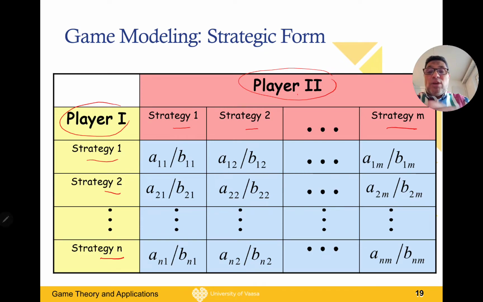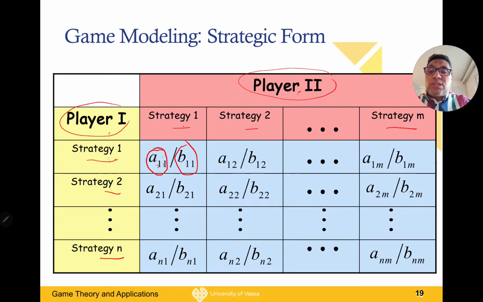Now, if player 1 plays strategy 1 and player 2 plays strategy 1, then player 1 will receive A11 and player 2 will receive B11. The first index is the strategy number of player 1, and the second is the strategy number of player 2.